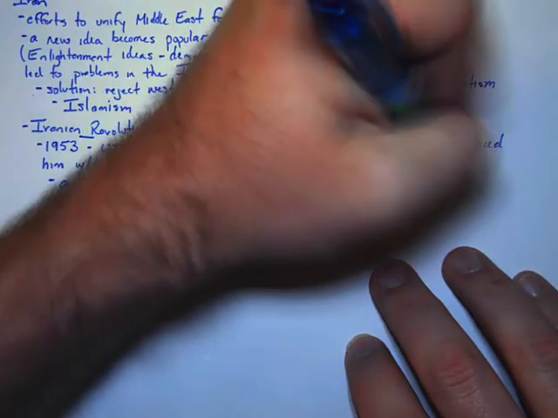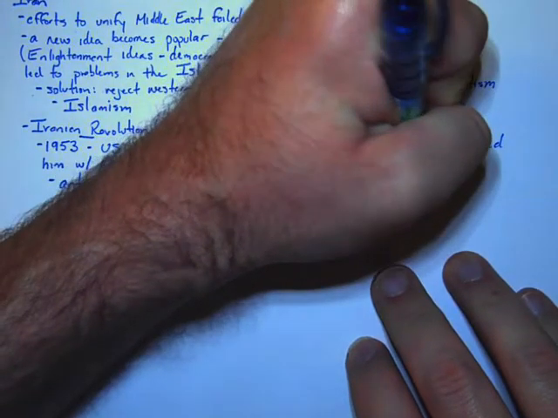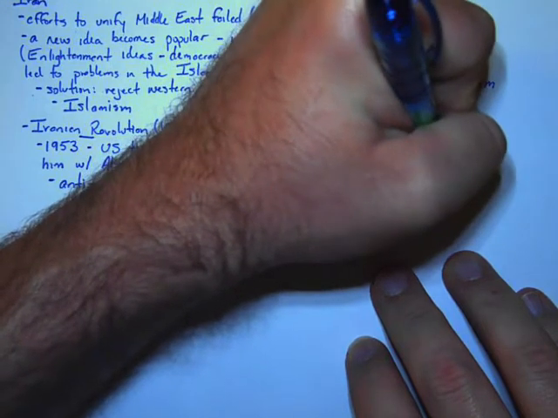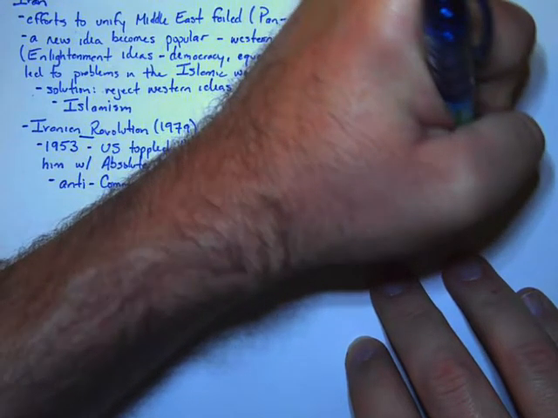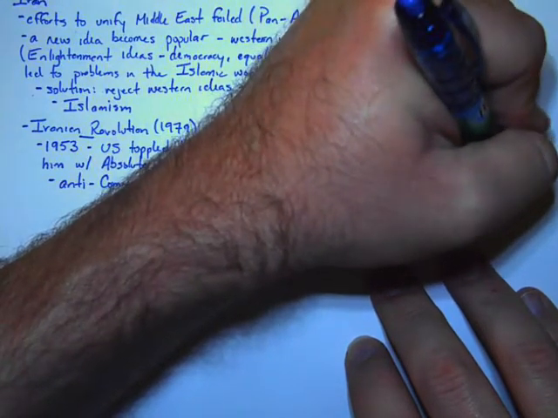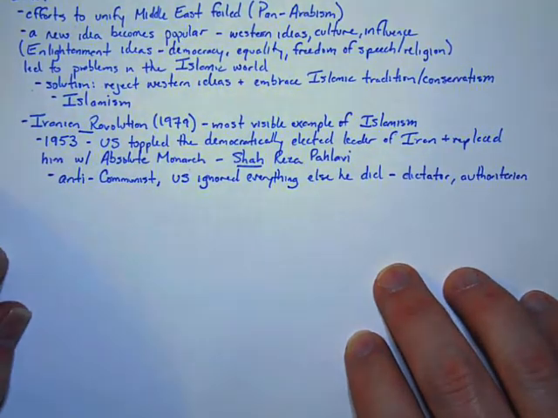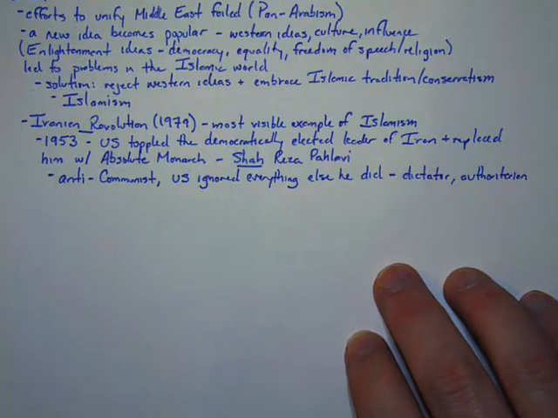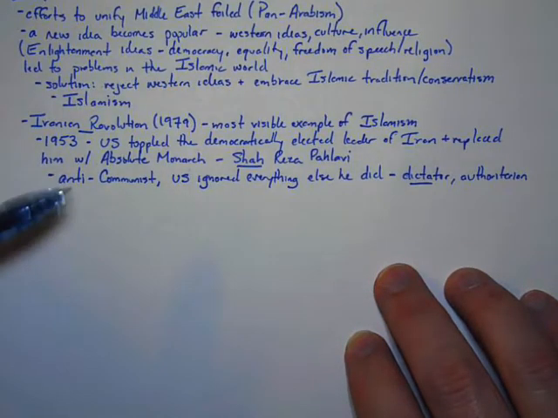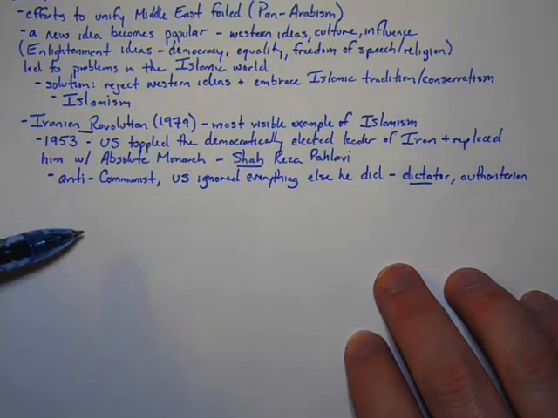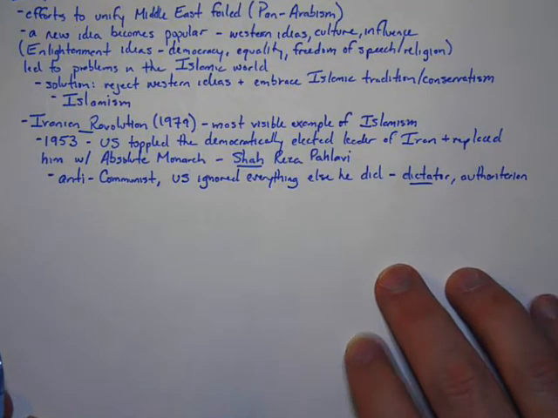So he was a dictator. He was an authoritarian. He arrested people that he disagreed with, what you would expect out of a dictator. And the Iranians did not like him, and they certainly did not like the United States for getting involved in their government.